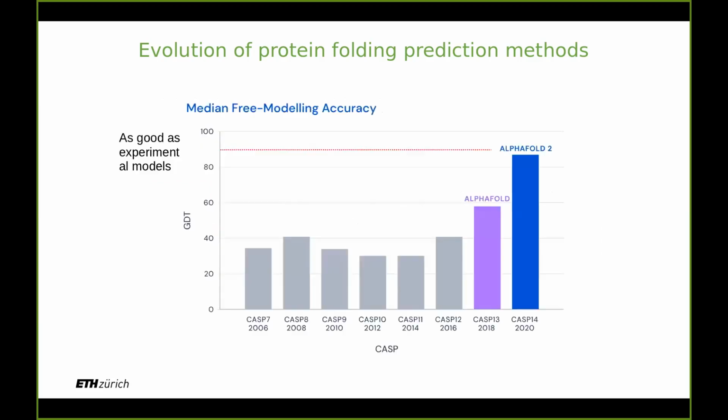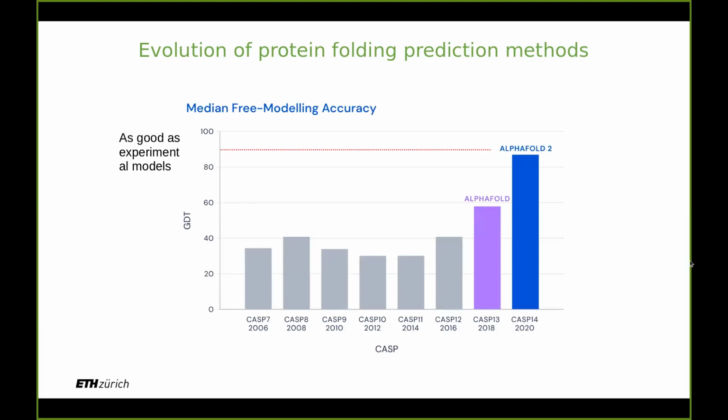And so this has led to what could be considered a revolution, whereby over the years, you can see, this is an experiment called the CASP competition, where experimental structures that have not yet been released to the public are given to predictors. So every 2 years there's a competition where people try to predict structures based on the sequence.